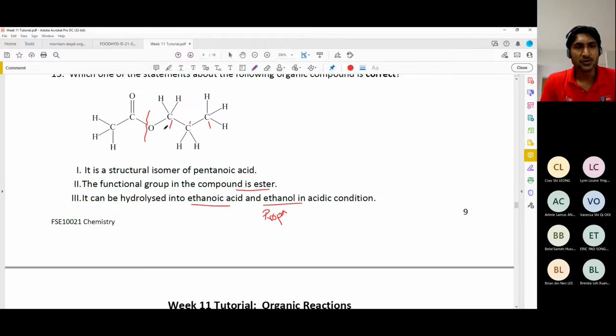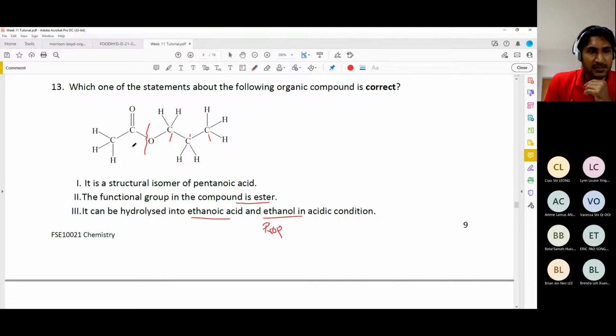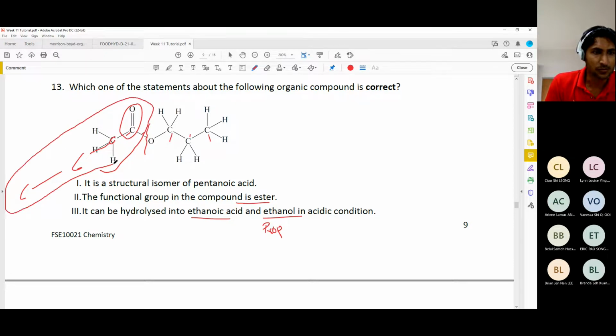How do we know which part is coming from what? The simple trick is the CO group, the C double bond O. Which carbon is it attached to? That means this part, no matter how long the carbon chain, the whole part comes from the carboxylic group, where the CO group is attached and the carbon chain is maintained.